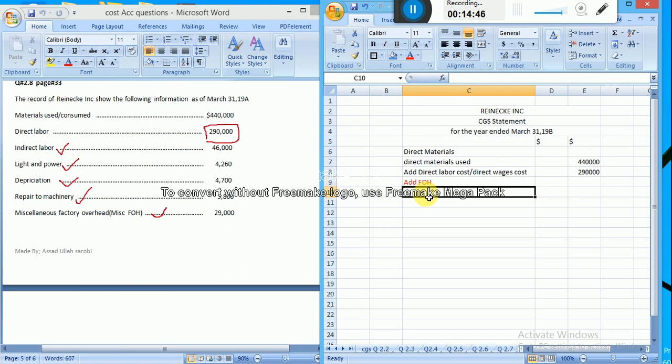Number one, indirect labor. Second one, light and power. Number three, depreciation.